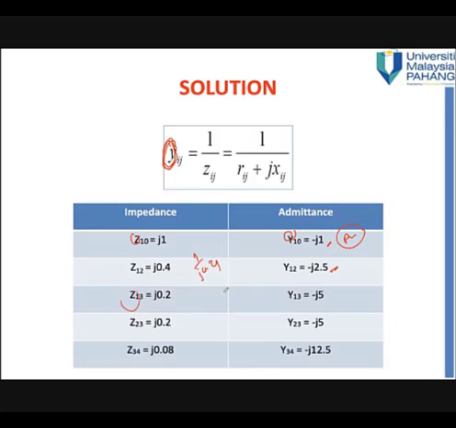Z13 is 0.2, so your y is 1 over j0.2, you get minus j5, and minus j12.5. So as you can see here, because we divide by the imaginary, it normally becomes negative. Okay, so that is your admittance for each transmission line.